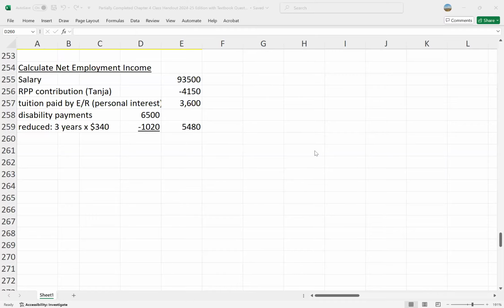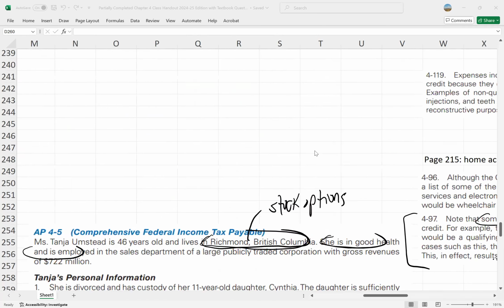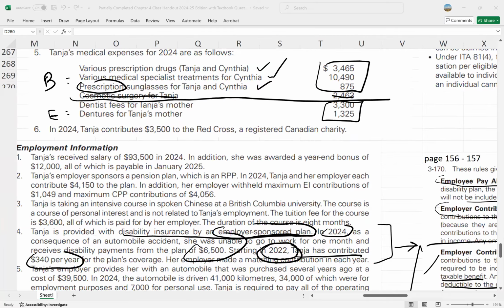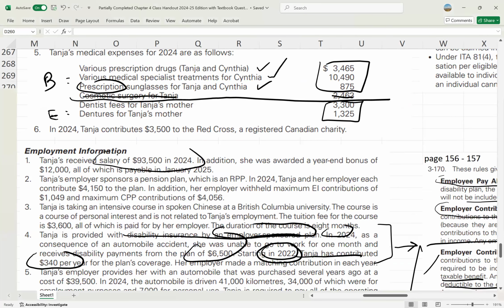I see what you're saying, but we're just assuming that that is just the salary that she received, and it does not include the time that she was not working. Okay, thanks. So we assume that the 93,500 was for the time that she was working. The time that she was not working, she did not get paid. But that's a good point though.